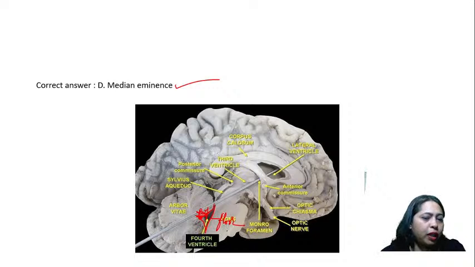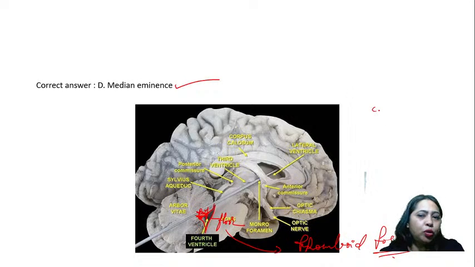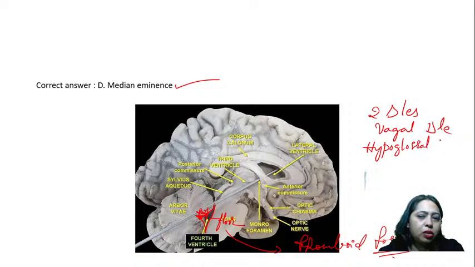Okay, the floor is also known as the rhomboid fossa, which has got two triangles. That is called the vagal triangle and the hypoglossal triangle.